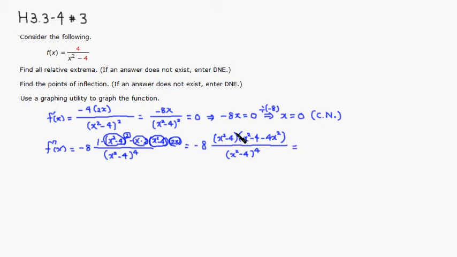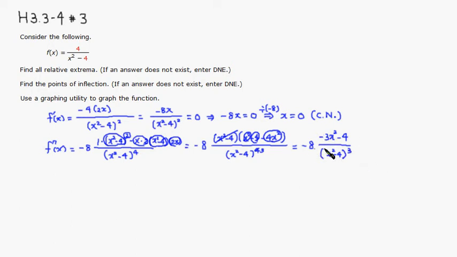First we can cancel one of the quantity x squared minus 4 factors, and the exponent turns into cubed. So it's negative 8 times, a negative x squared and a negative 4x squared is negative 5x squared... as stated, negative 3x squared, and you have a minus 4, over x squared minus 4 cubed.